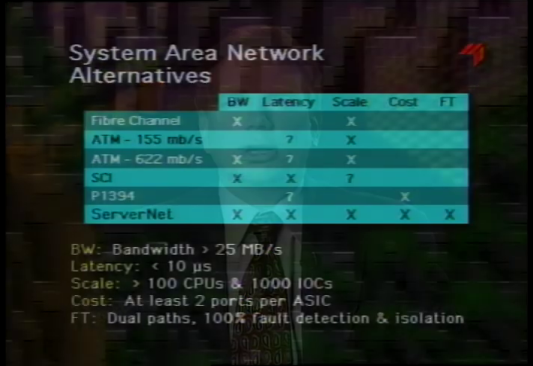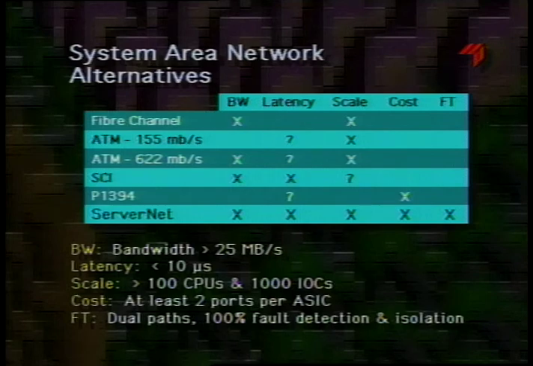So given the four basic requirements for a system area network, bandwidth, low latency, scalability, and low cost, we can examine the different alternatives for such a network and see if current open standards will satisfy those requirements, or if we need something more optimized for this environment. This diagram shows a comparison of a few standard networks versus these parameters.